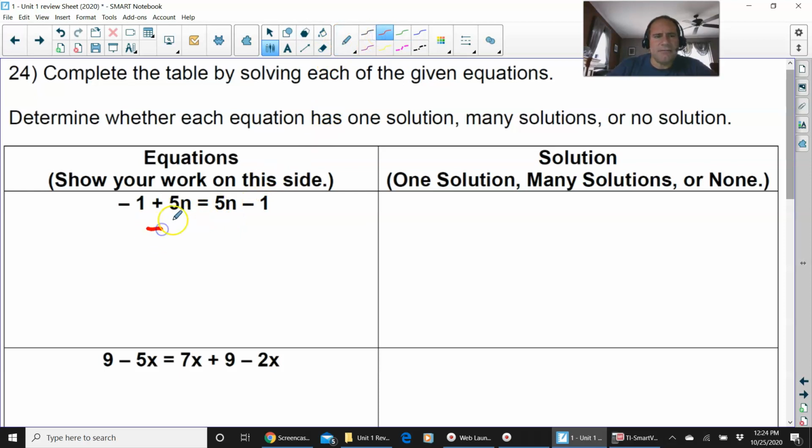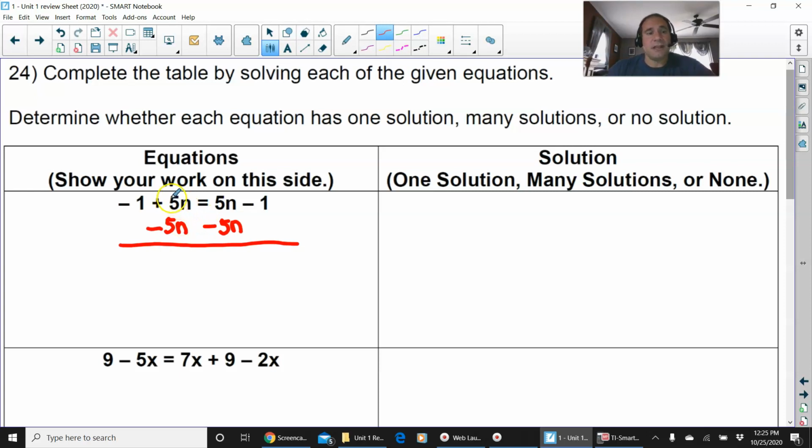So we have -5n and -5n. Whenever you're not sure, just go ahead and get the variables together. So this cancels and this cancels. -1 equals -1. That is infinitely many solutions.